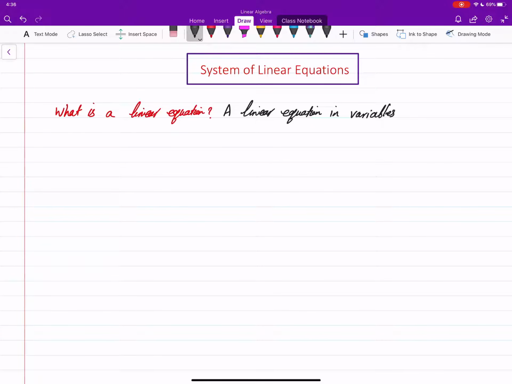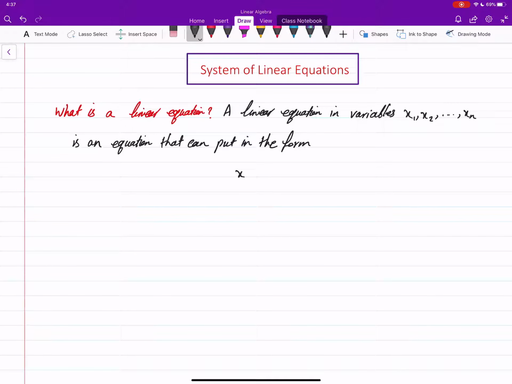So it will have some variables, x1, x2 up to xn, is an equation that can be written in the form.